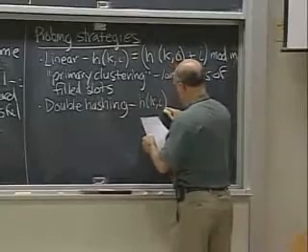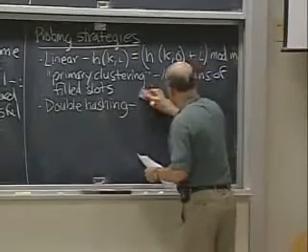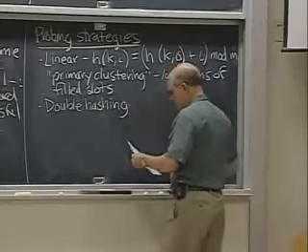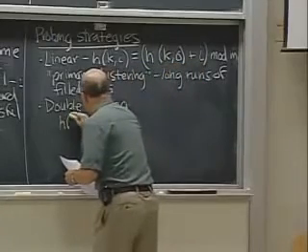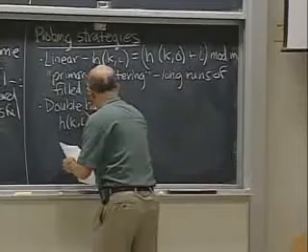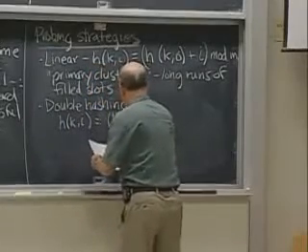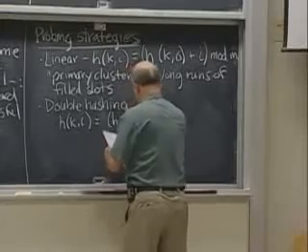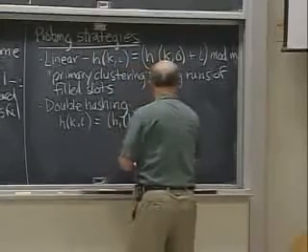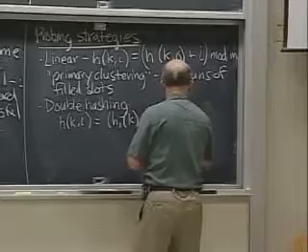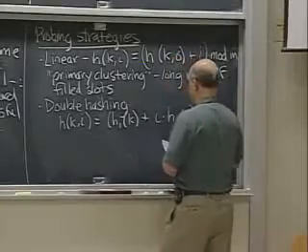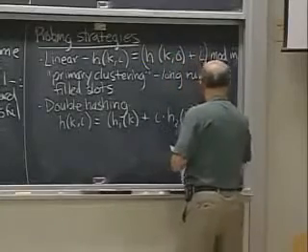Where you let h of k comma i, let me do it below here so I have room, be equal to h1 of k plus i times h2 of k, mod m.